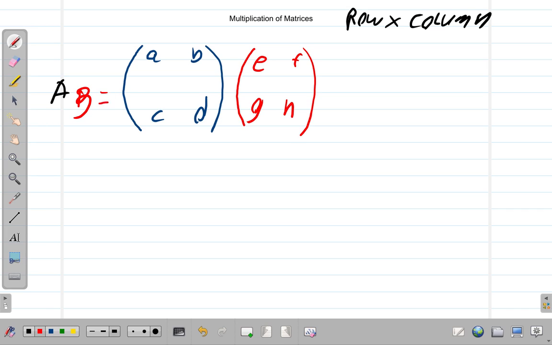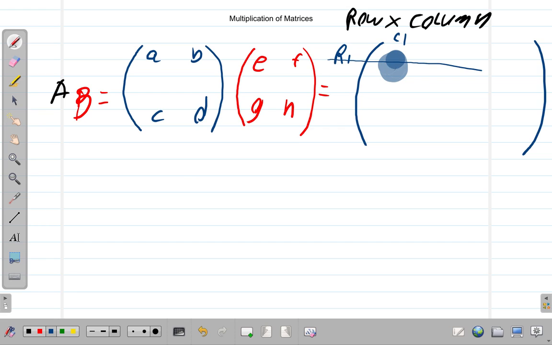Now, what you're going to have as the answer is going to be a 4 by 4 matrix. And right now, you want the number that will appear in row 1, column 1. Remember, this is row 1, column 1.